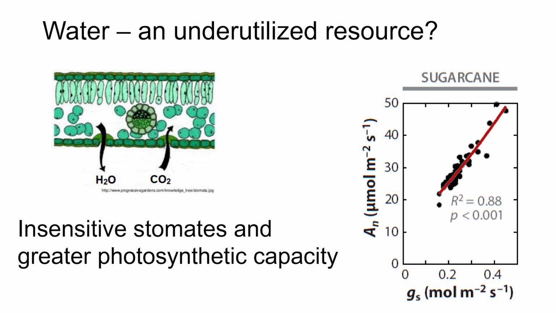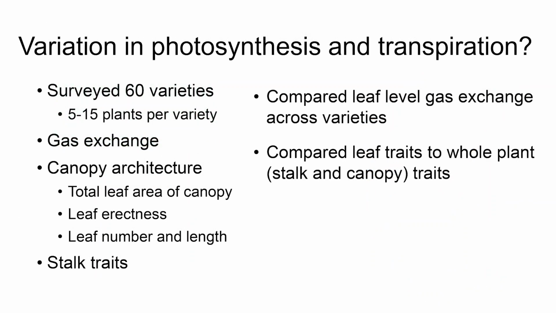But one of the questions, of course, is is there actually variability in these traits in sugarcane? And so that's one of the things I've been doing this year: we did a survey of different sugarcane varieties to see if there is actually variability in the amount of transpiration and photosynthesis taking place.